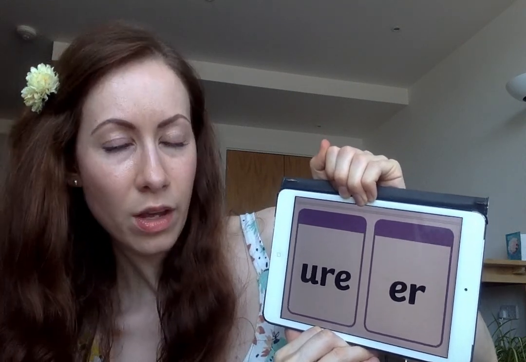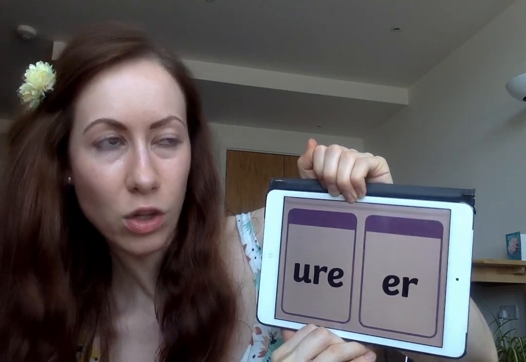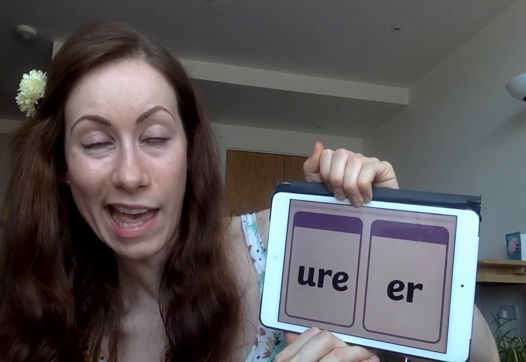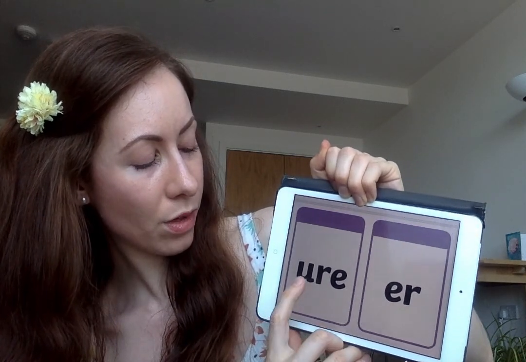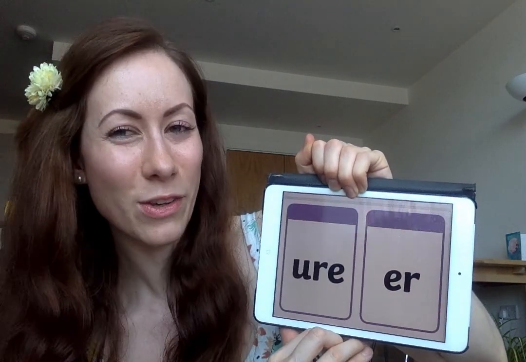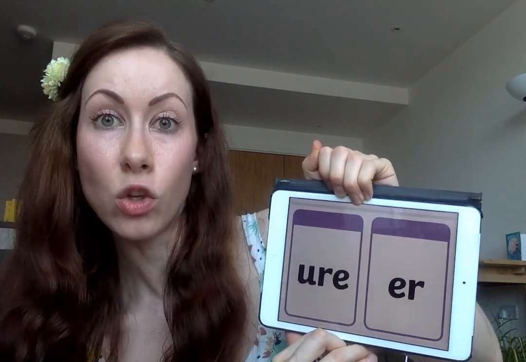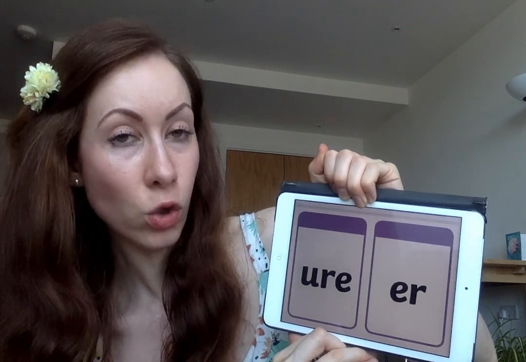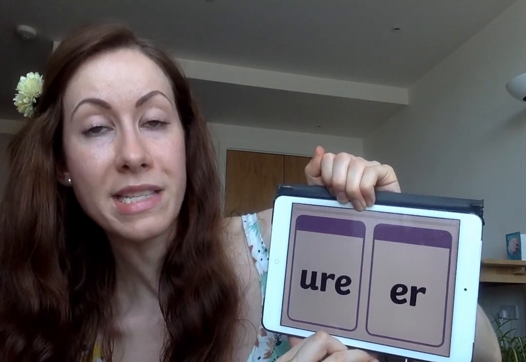So if we have sure, for example, then yaw, it makes the yaw sound there. But if we have pure, then we don't really use it quite like that. It's a bit of a tricky one. Learn it as the yaw sound, but we don't really say yaw, pure. We say pure.